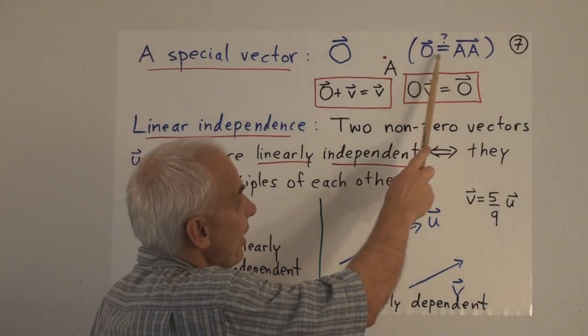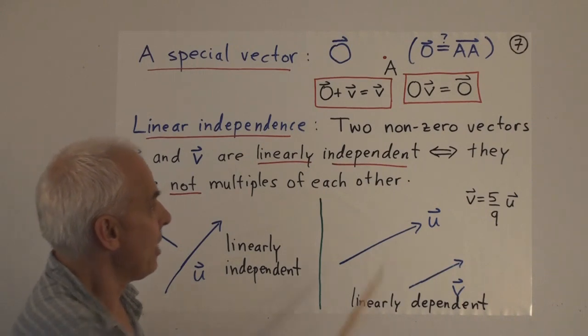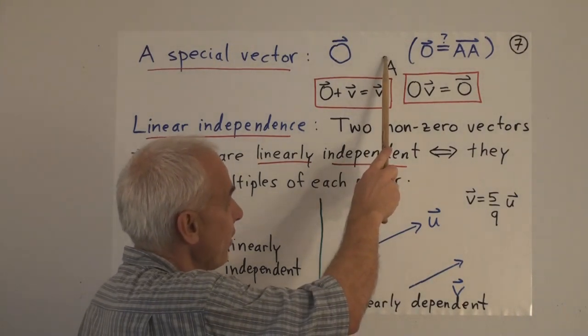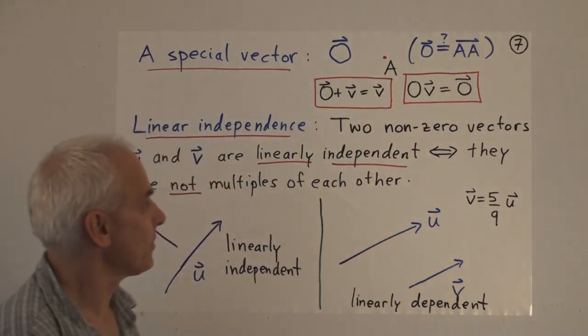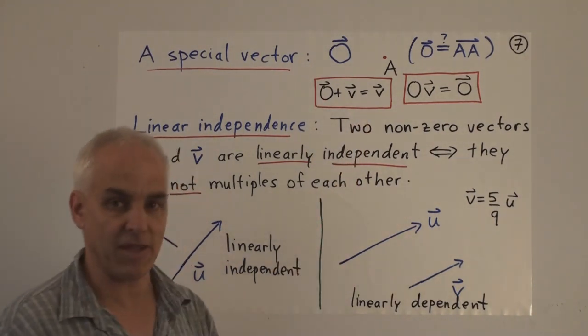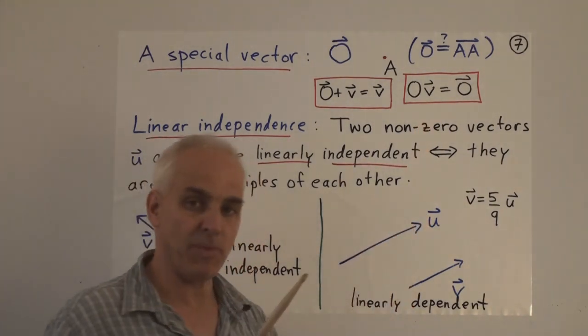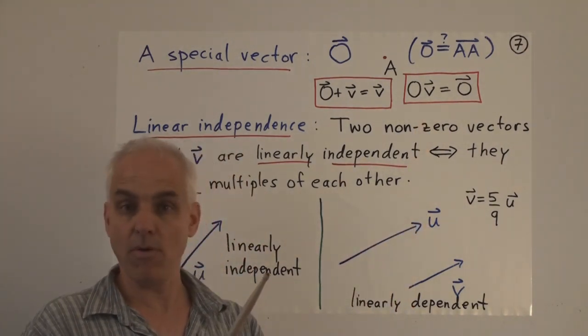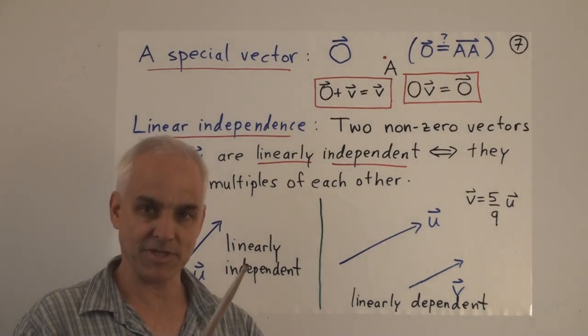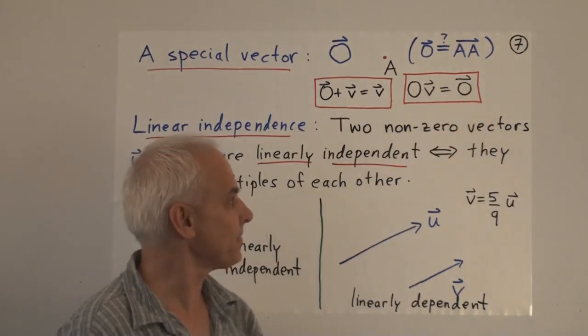We might write it as the vector from A to A, although that notation is rarely used. But it's really just the vector that starts there and stops there. It has the property that if you add it to any vector v, you still get v. And if you take any vector v and you multiply it by 0, that means you're scaling it right down, then you're going to get this 0 vector.